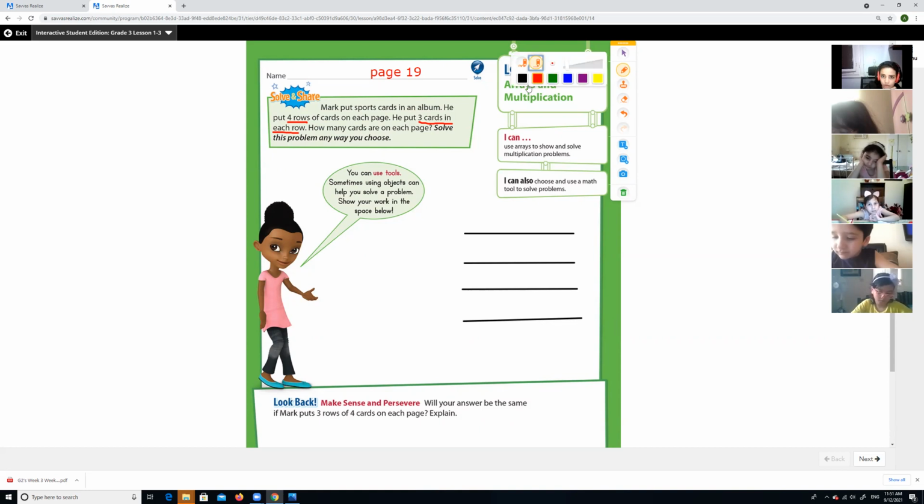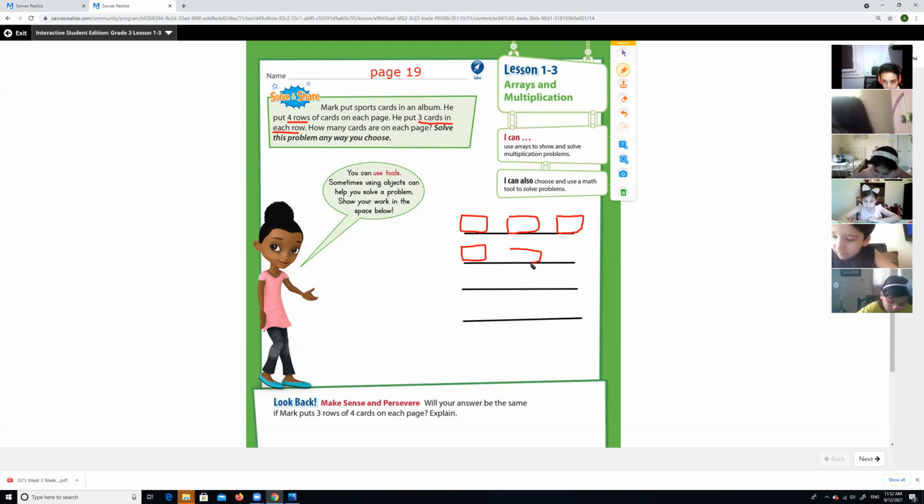Now, I will put 3 cards in each row. Okay, now I will draw 3 cards in each row. All of you draw with me. One, two, three.